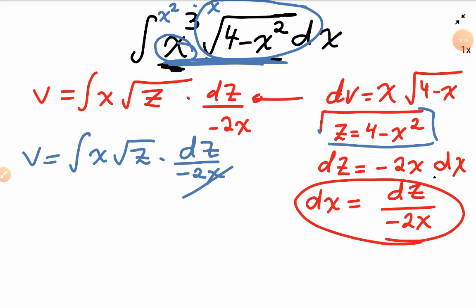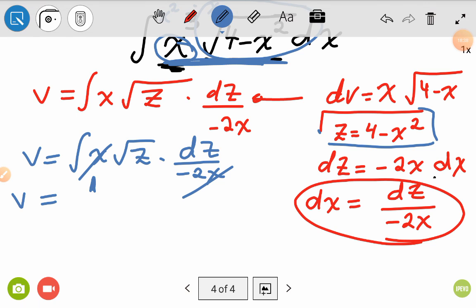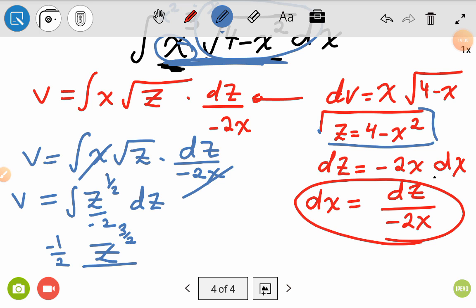I think that we can cross out x with x, and easily now we can find the integral of root z, which is the integral of z to the power of half, and this all over negative 2 dz. The negative half is a constant, and we have z to the power of half plus 1, which is 3 over 2, and this all over 3 over 2, which is 2 over 3.